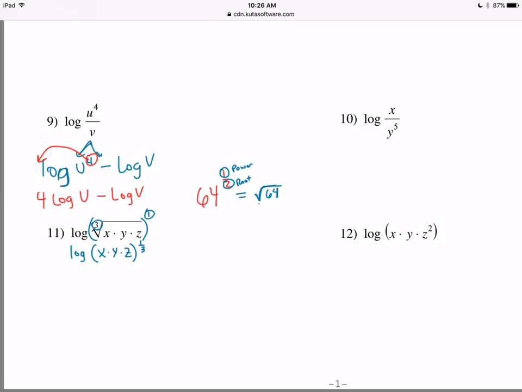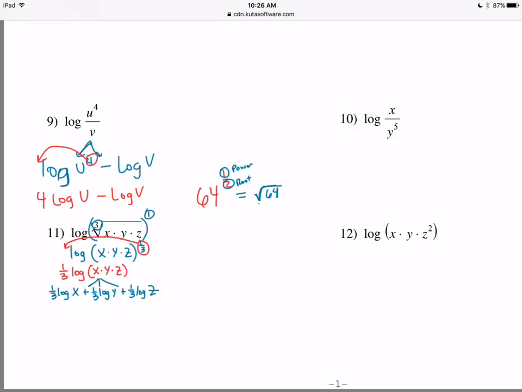And now that it's an exponent, I can move that entire exponent to the front of the logarithm. So it would be 1/3 log x times y times z. And then I can expand this logarithm into 3 separate pieces. So I would have 1/3 log x plus 1/3 log y plus 1/3 log z.